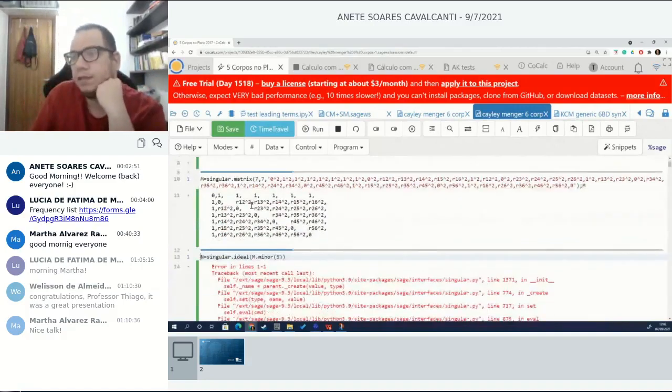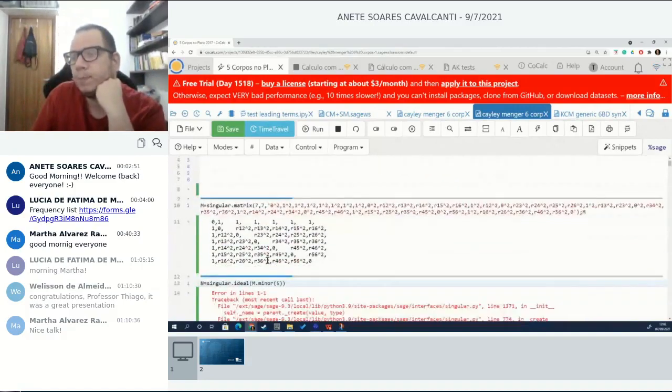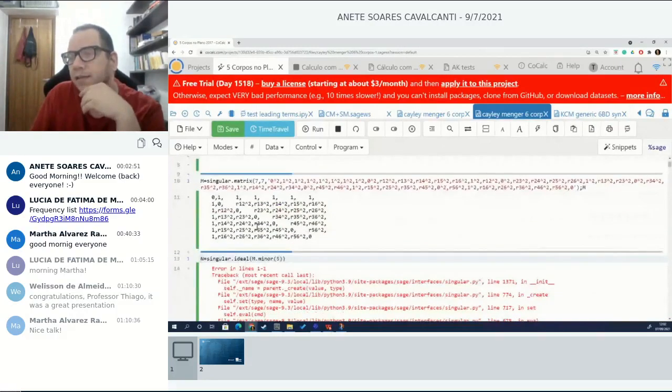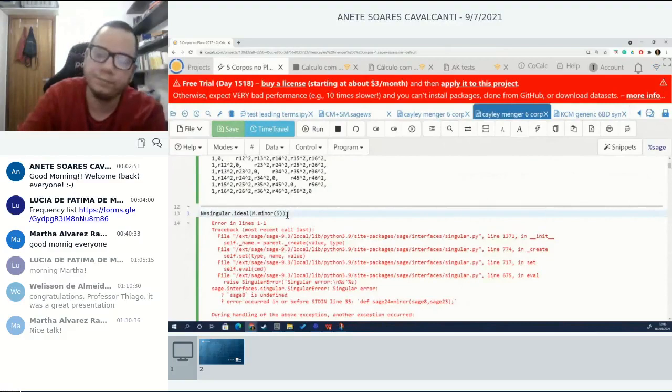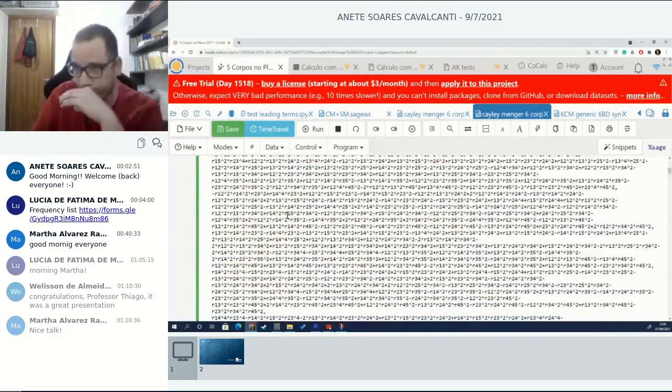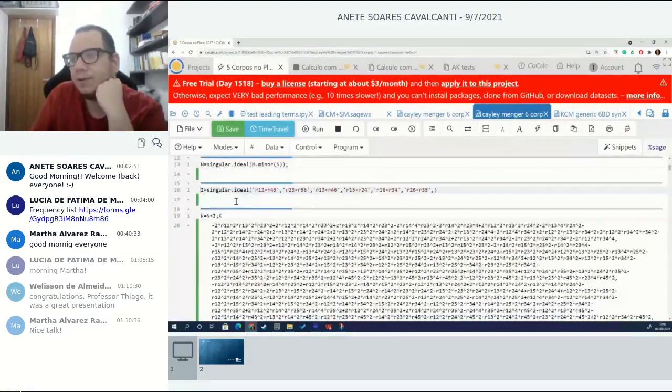This is the Cayley-Menger matrix. Then we are supposing that the configuration is planar. Then the rank of this matrix is 4. Then all minors of size 5 are equal to 0. Then we have a set of equations.